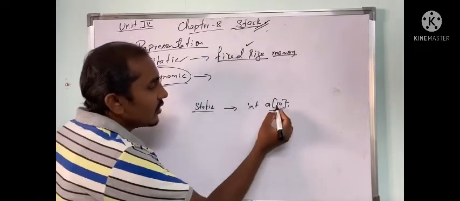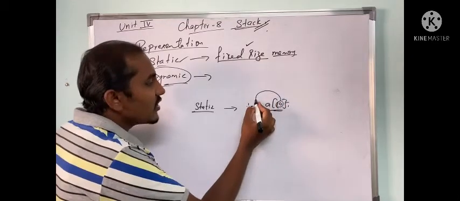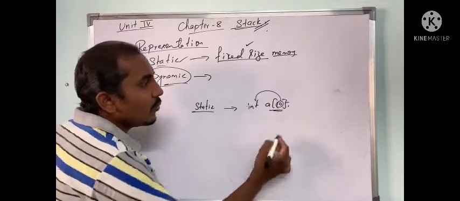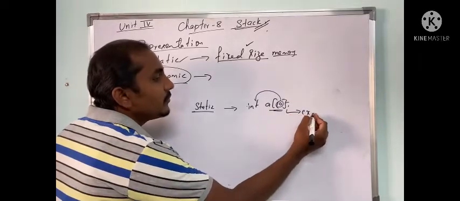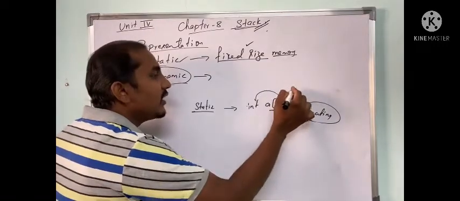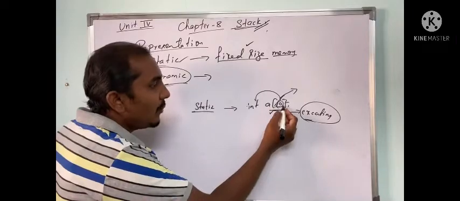I can store 10 elements of which data type? Integer data type. So this cannot be changed while I am executing. While I am executing the program, I cannot increase the size or decrease the size. I can use a maximum of how many elements?